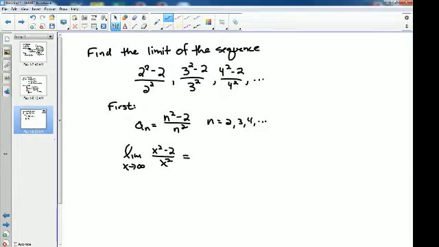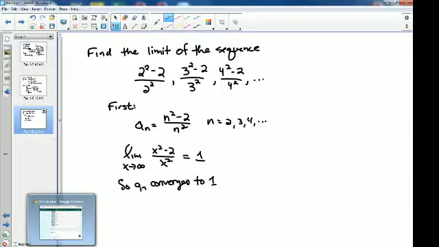Limit here? 1, yeah. So does a sub n converge? Right, so a sub n converges to 1. Right, okay.